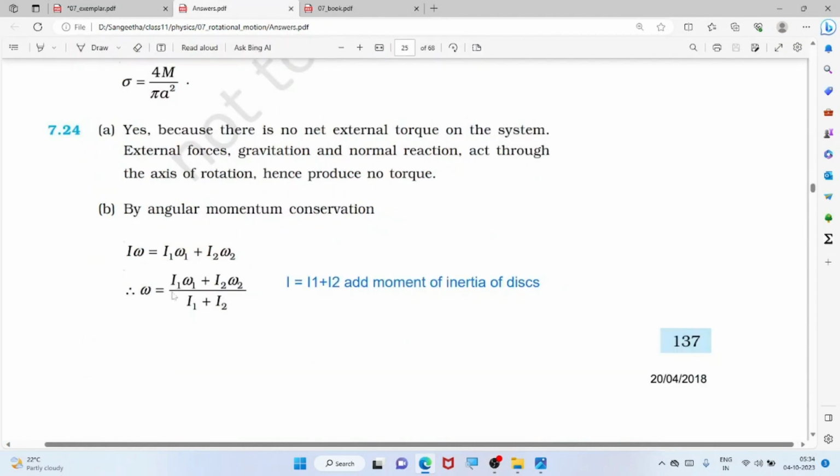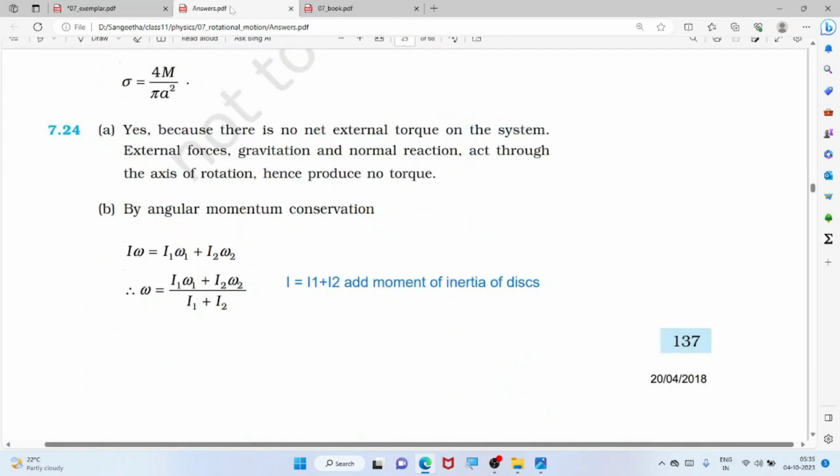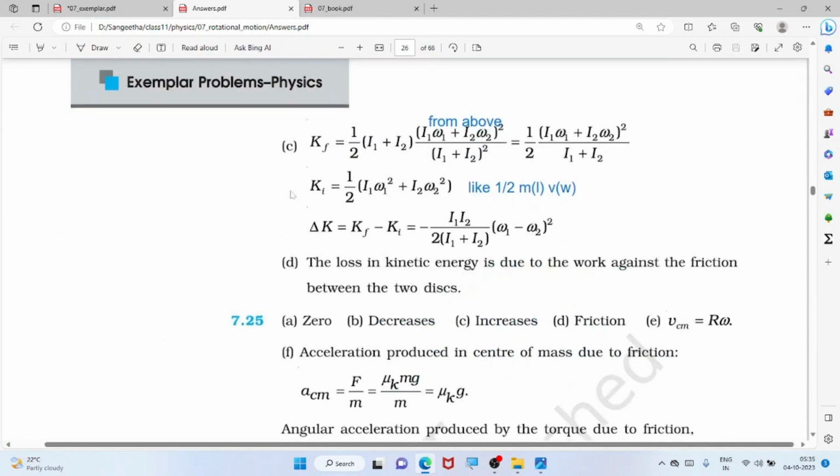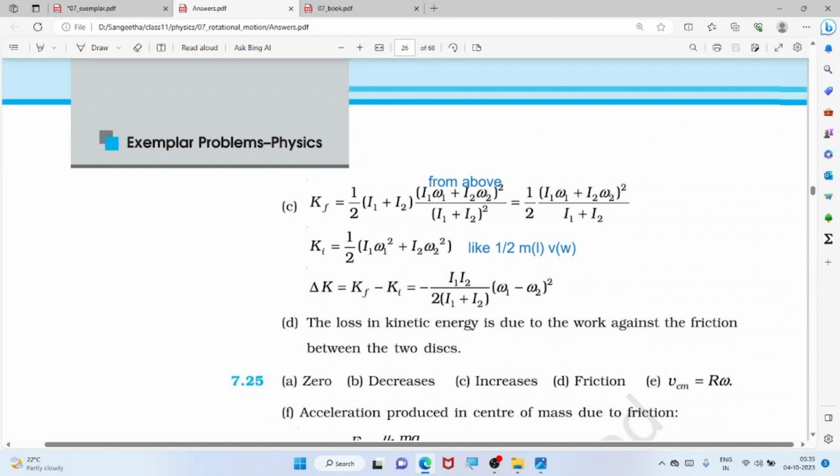This is now the new angular speed of the total system after contact, where I equals I1 plus I2. Calculate the loss in kinetic energy due to friction. The combined moment of inertia and combined angular velocity are substituted here, and this is the kinetic energy.